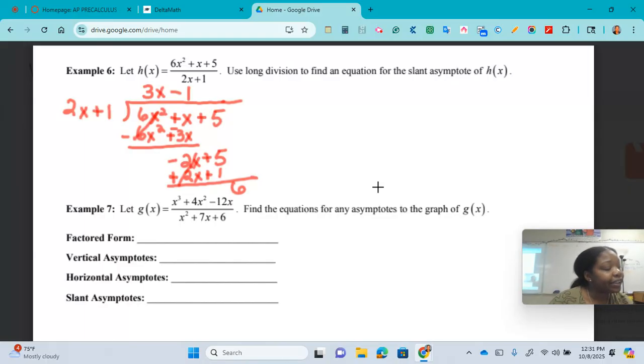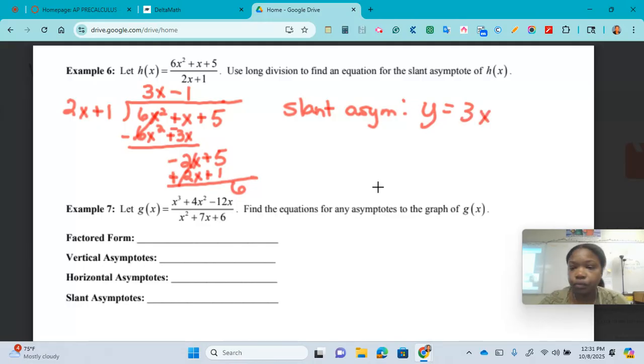So our slant asymptote is only the 3x minus 1, because we still have to subtract this, and since it was negative, it turned to a positive.